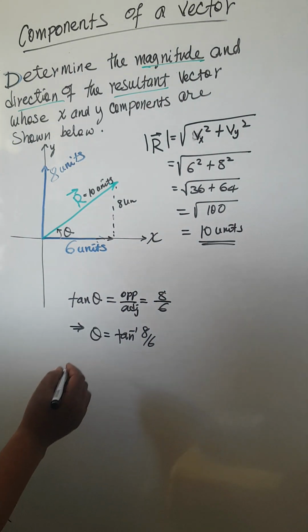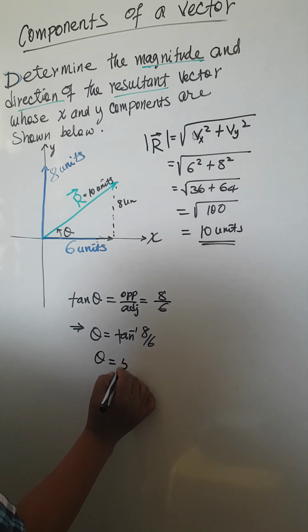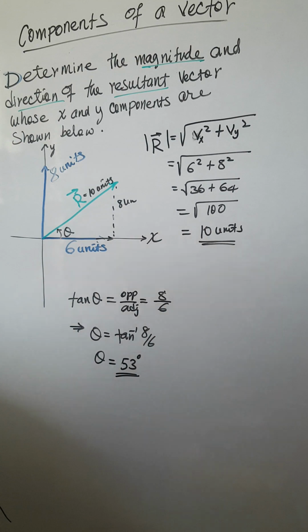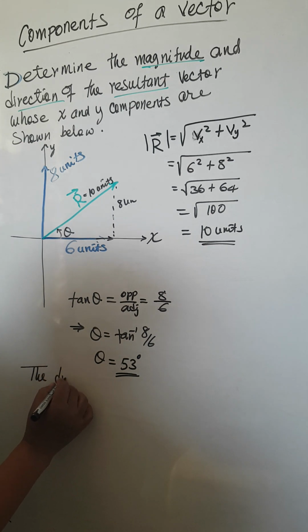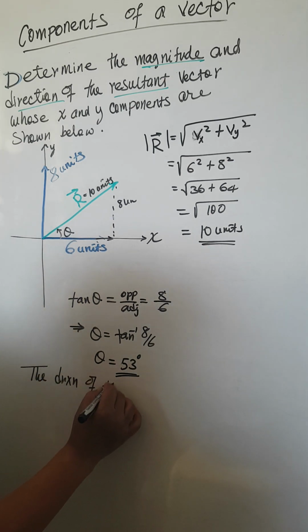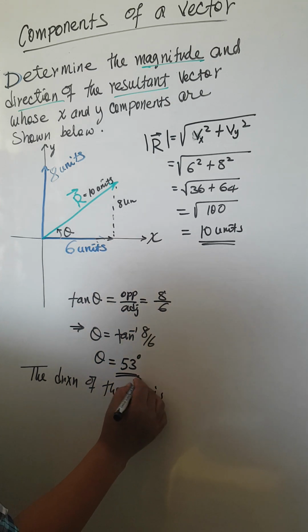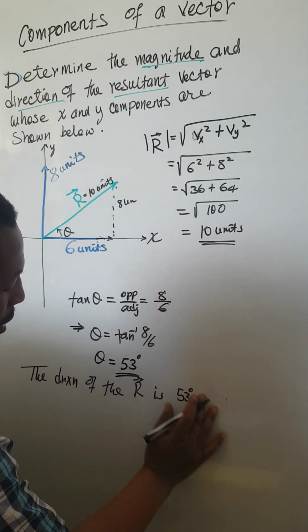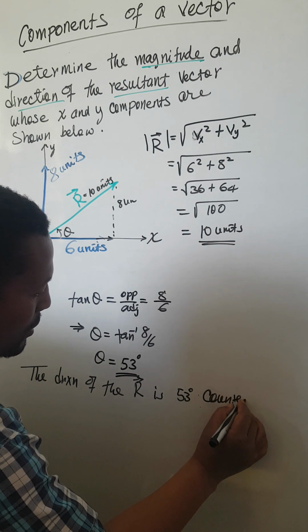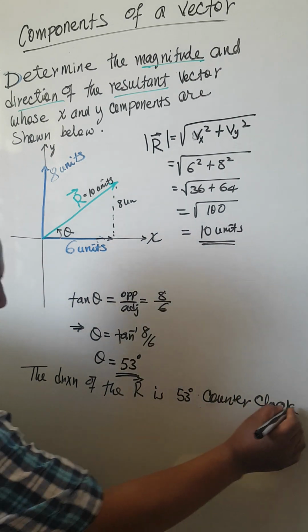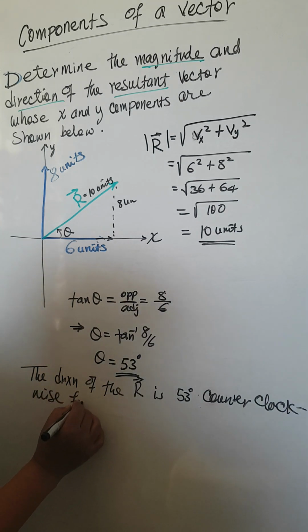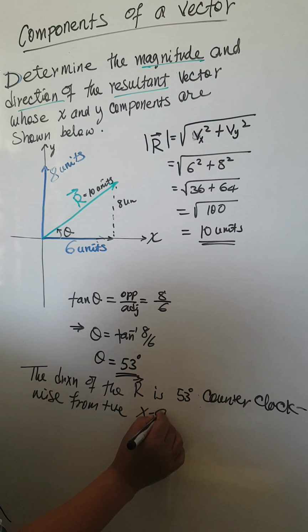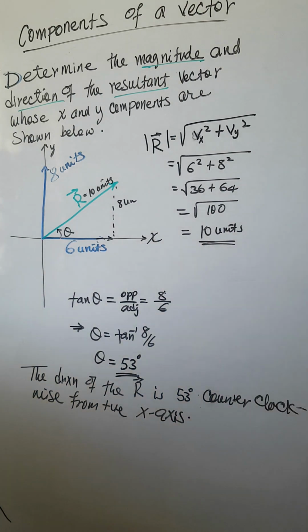Now tan inverse of 8 over 6 is around 53.1 degrees. So the direction of the resultant vector is 53 degrees counterclockwise from the positive x-axis.